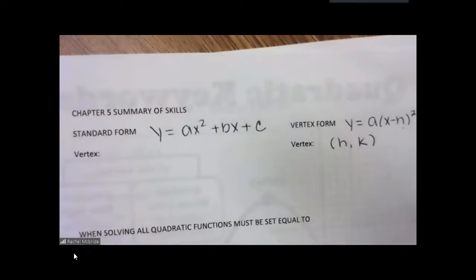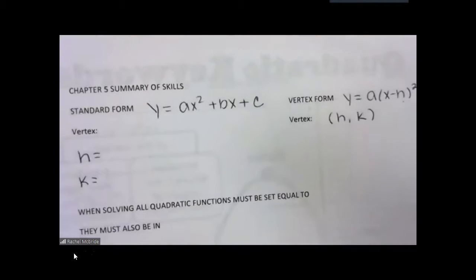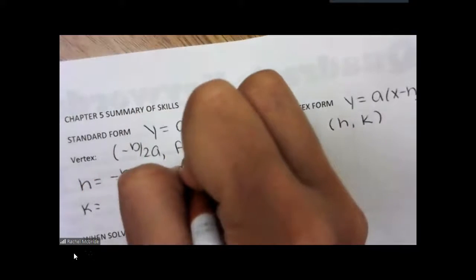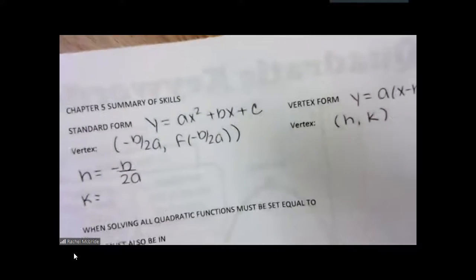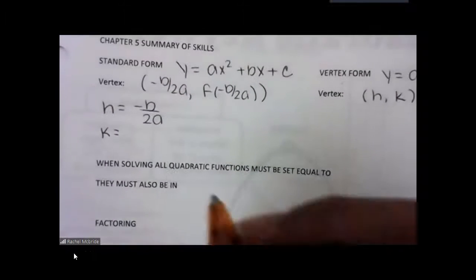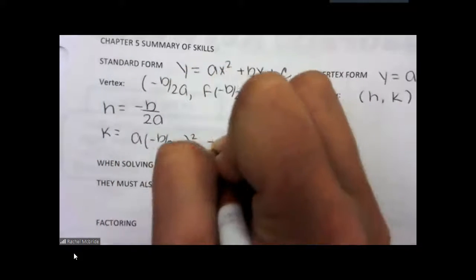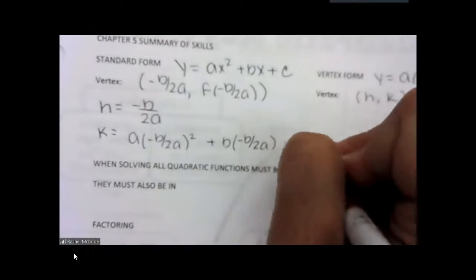In standard form, you have to find h and k. So in standard form, h is always negative b divided by 2a. And for the y value, you plug that point in. So for k, you plug in negative b divided by 2a, square it, multiply, and then add back c.